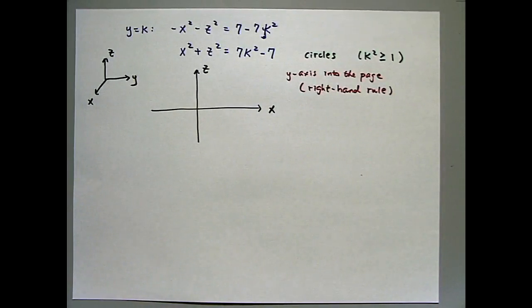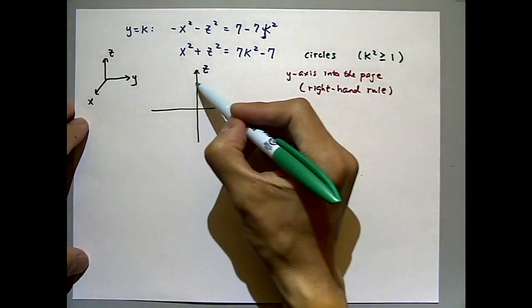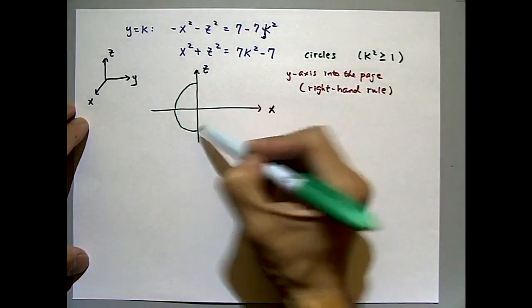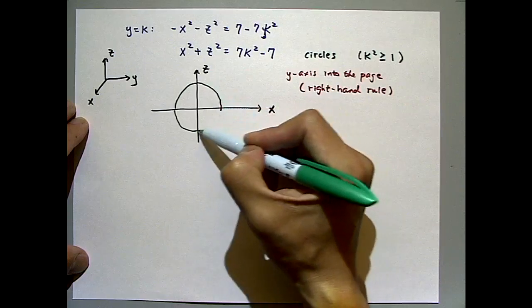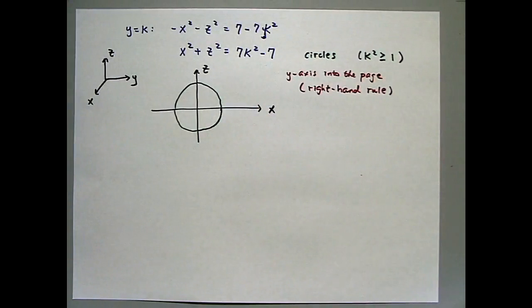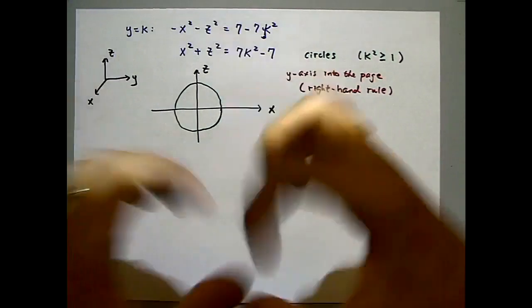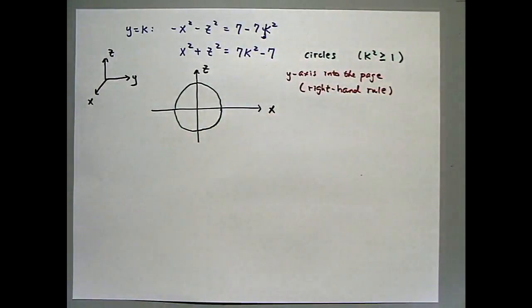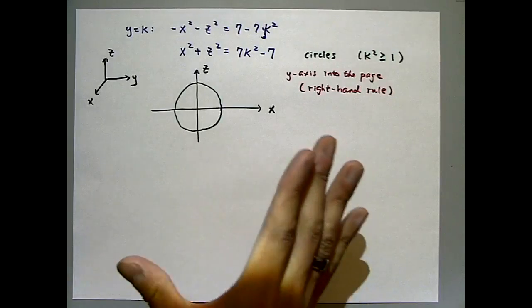Does that make sense? Yes? Good. And we're dealing with circles. We know what circles look like. We may not be able to sketch it very well, but that's what we got. At different values of k, of course, we'll change the size of that circle. But the center will always remain on the origin.